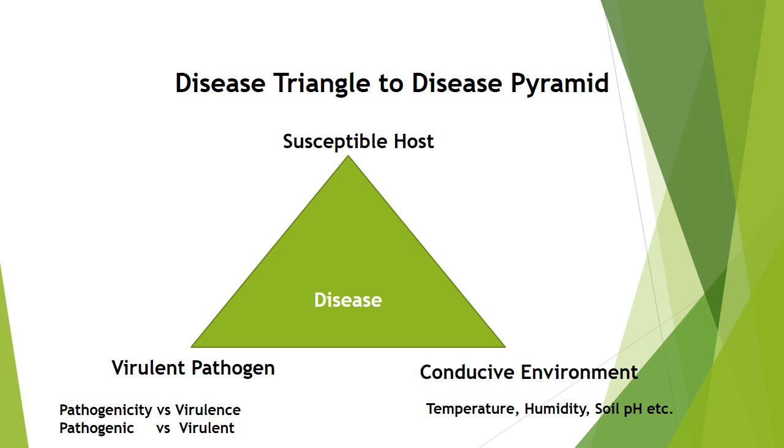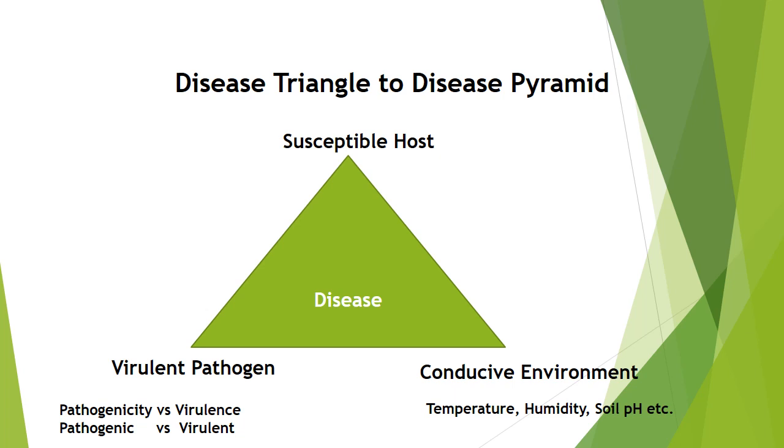The same is the case for humidity. Take here the example of Phytophthora infestans. We all know that Phytophthora infestans causes late blight of potato. This pathogen lives at a very low temperature and when there is plenty of humidity. If the temperature increases or the water is not available, this pathogen is even unable to cause disease in the susceptible host.